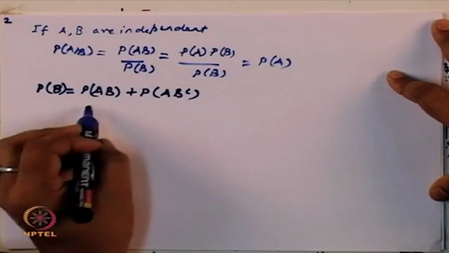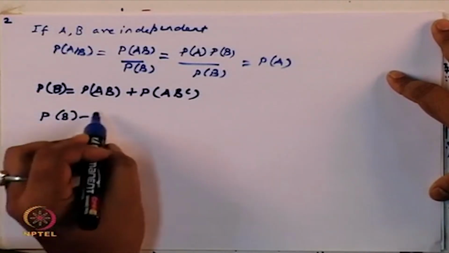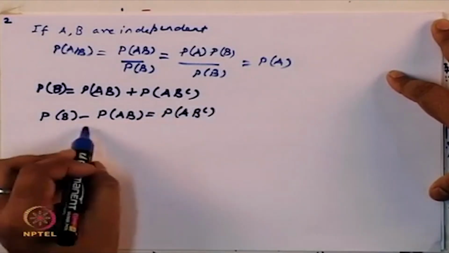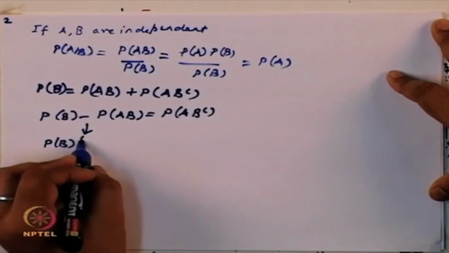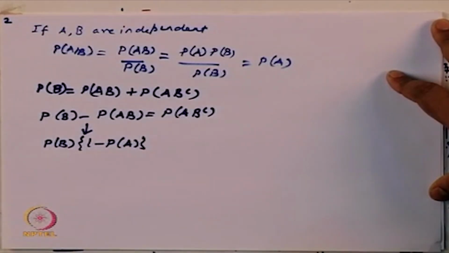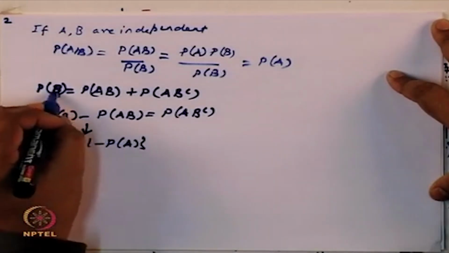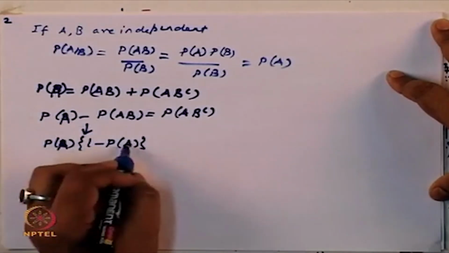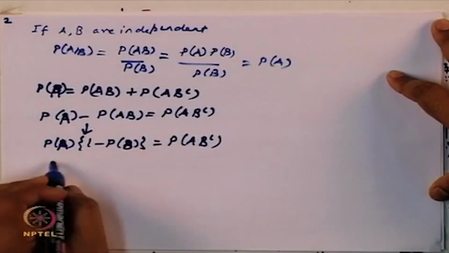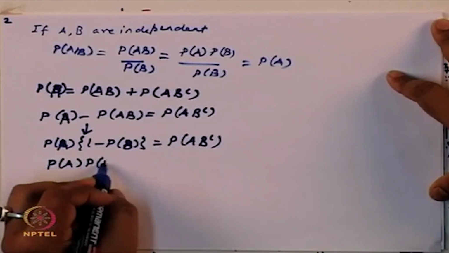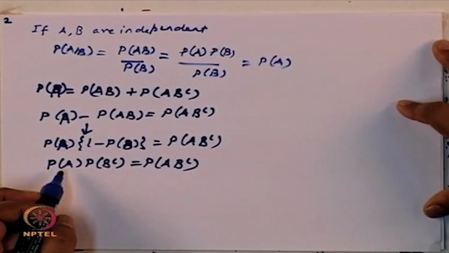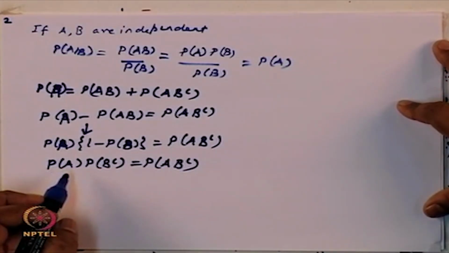So, I can rewrite this, take it to the other side, and simplify this as P B times 1 minus P of A. So, 1 minus P A times P B is equal to P of A complement B, and this is nothing but P of A complement into probability of B. So, this shows if A and B are independent, then A complement and B are also independent.